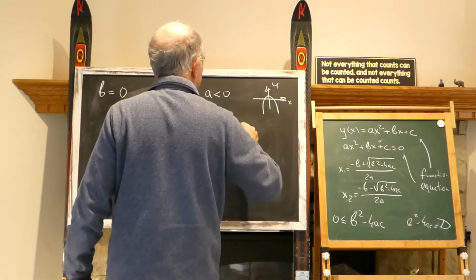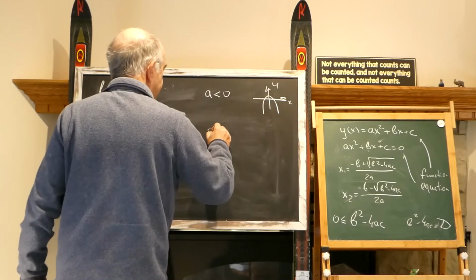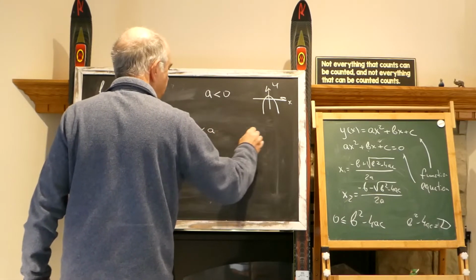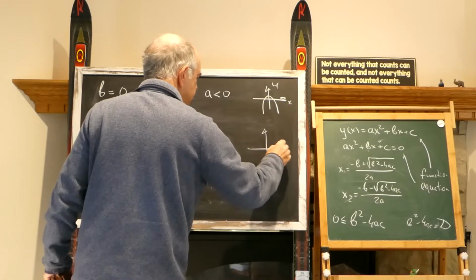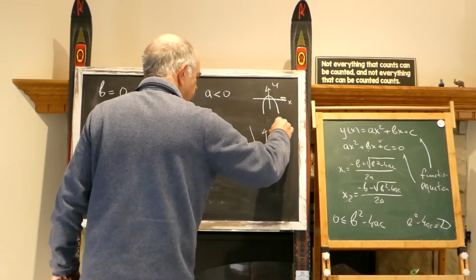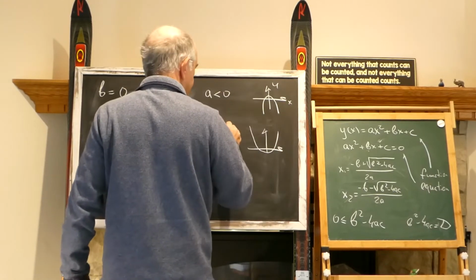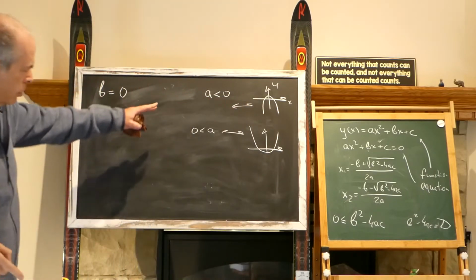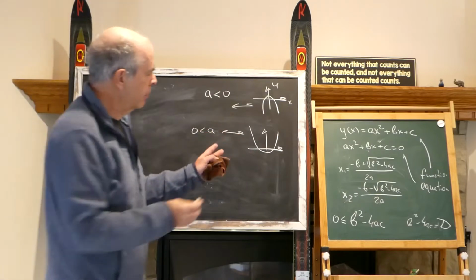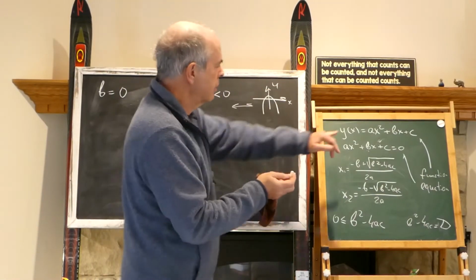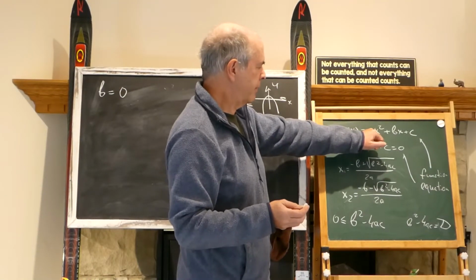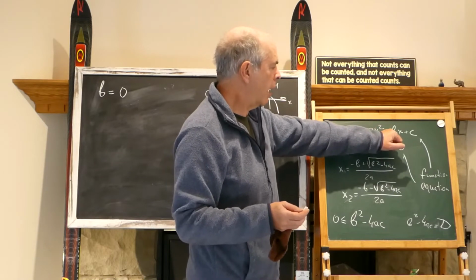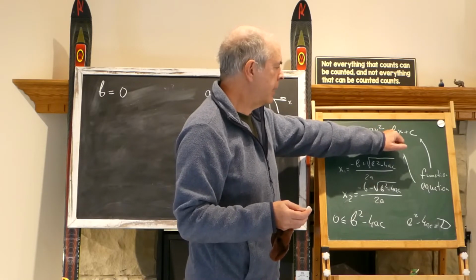If a is greater than 0, the parabola is always looking up. And this is fundamental. This picture and this picture. As soon as a is positive, the parabola is growing, because this number will be always very positive, no matter how big is b.